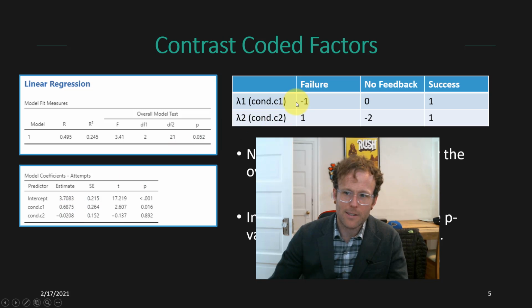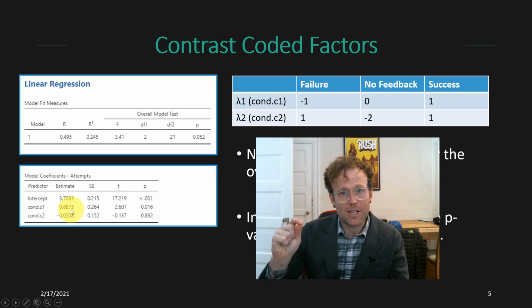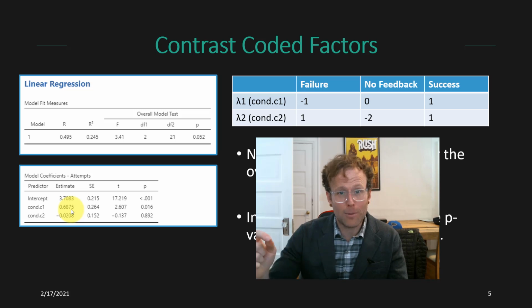Well, on con.c1, changing by 1 unit takes us from failure to the no feedback group, and changing by another unit takes us from the no feedback group to the success group. So it's actually a 2 unit change that we have to do to get from failure to success, right? So this 0.687 is what we get for a 1 unit change, so we'd have to double it.